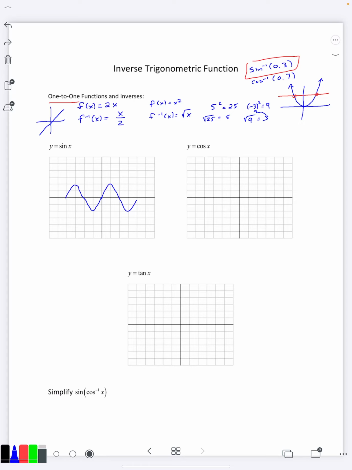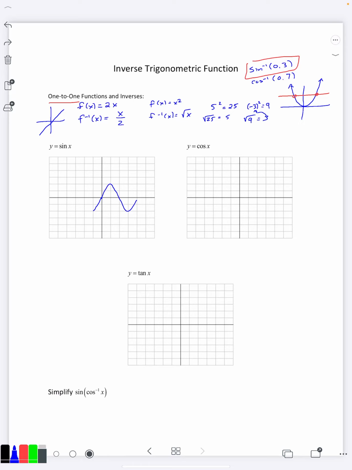And even if I draw this little part right here, I fail the horizontal line test. But what we're going to do is take just a piece of this graph. We're going to start erasing things until we don't fail the horizontal line test anymore. So I'm going to erase things over here. I still fail the horizontal line test, so I'm going to erase some more.